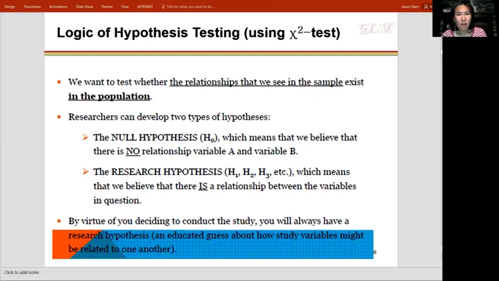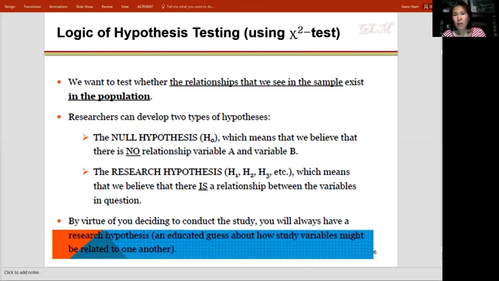The null hypothesis: there is no relationship between variable A and variable B. The researchers' hypothesis, or alternative hypothesis: there is a relationship between the two variables. What we are interested in is whether or not we reject the null hypothesis.